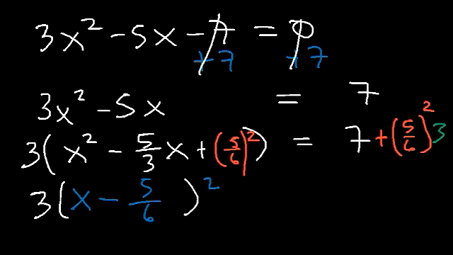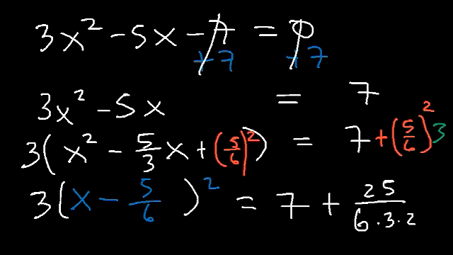On the right side, we have 7 plus 5 squared is 25. 6 times 6 is 36, but I'm going to break down one of the 6's into 3 and 2, because it can cancel with this 3. It's always better to simplify first before you multiply or divide.